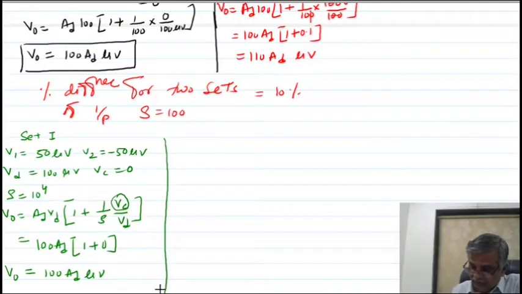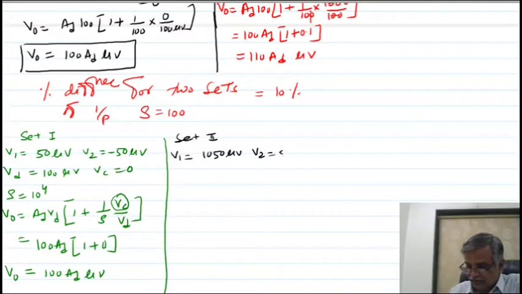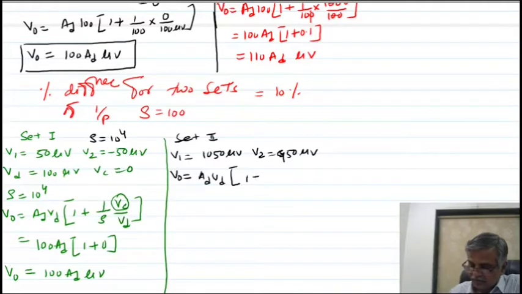Now, let us calculate the output voltage for another set. V1 is 1050 microvolt, V2 is 950 microvolt. So VO, here rho they have given 10 raised to 4. So VO is nothing but AdVd, 1 plus 1 upon rho Vc by Vd.